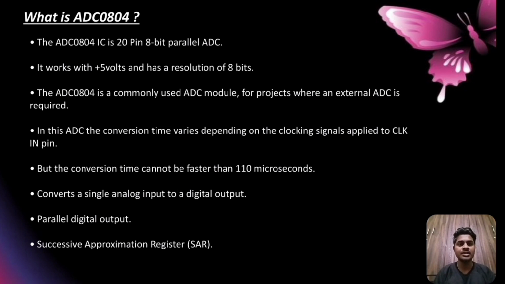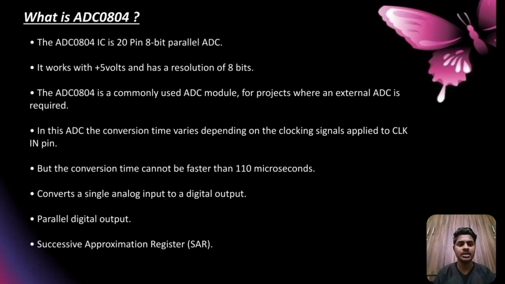What is ADC0804? The ADC0804 IC is a 20-pin, 8-bit parallel ADC. It works with 5 volts and has a resolution of 8 bits. The ADC0804 is a commonly used ADC module for projects where an external ADC is required.